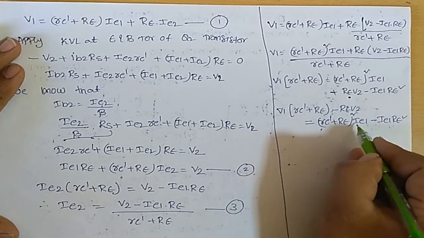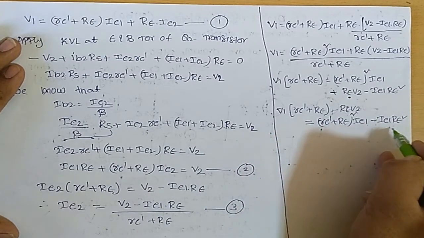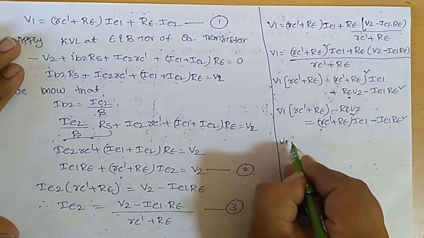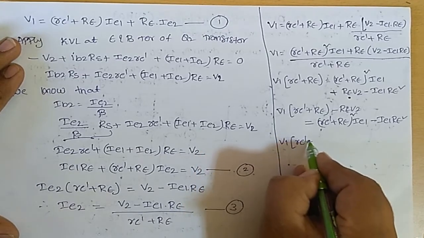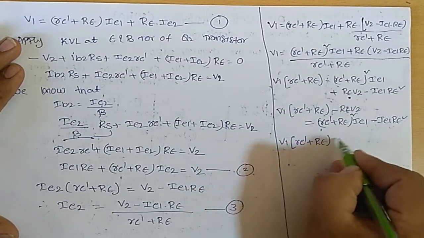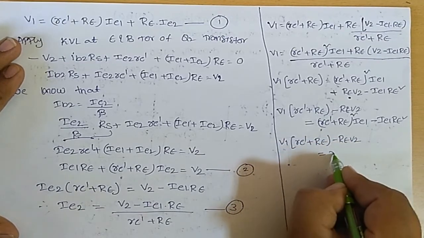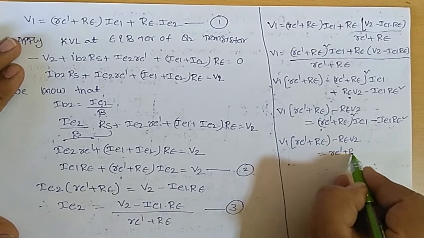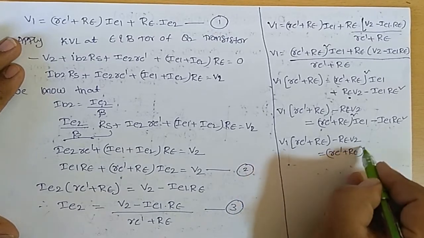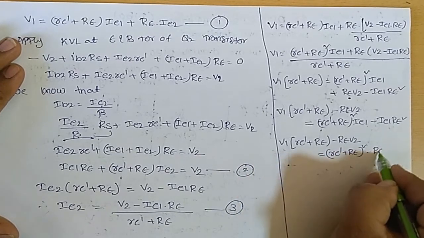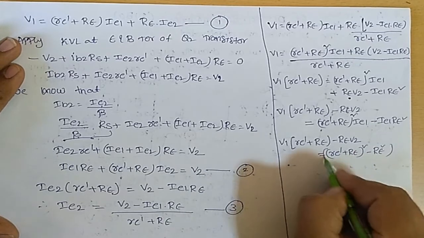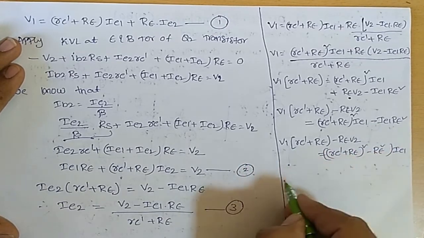In this equation, IE1 is the common term, so V1 of RE dash plus RE minus RE V2 is equal to RE dash plus RE whole square minus RE square, of IE1.